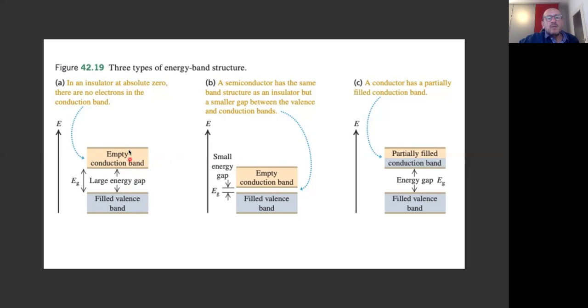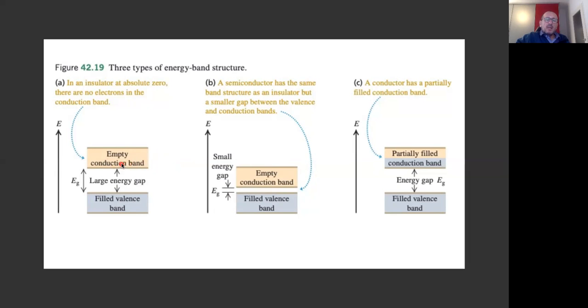And how do you get to it? Can you make an insulator conductive? Yeah, you can. How can you do that? You have to promote an electron from the valence band to the conduction band. This energy band here is where allowed energy values are. So I can put an electron here, and if I put an electron there, I can put some sort of electric field on this thing, and this guy is going to move.